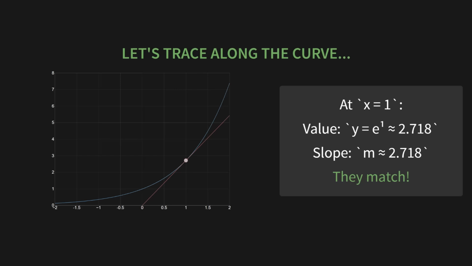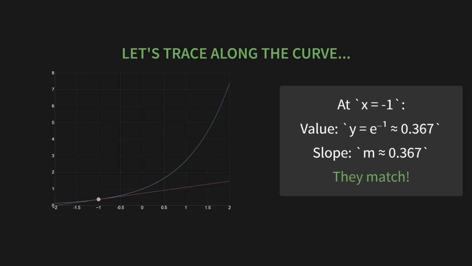The slope m is also about 2.718. They match. One more. Let's go to x equals negative 1. The value? Y equals e to the negative 1, which is about 0.367. And guess what the slope is? The slope m is about 0.367. They match.